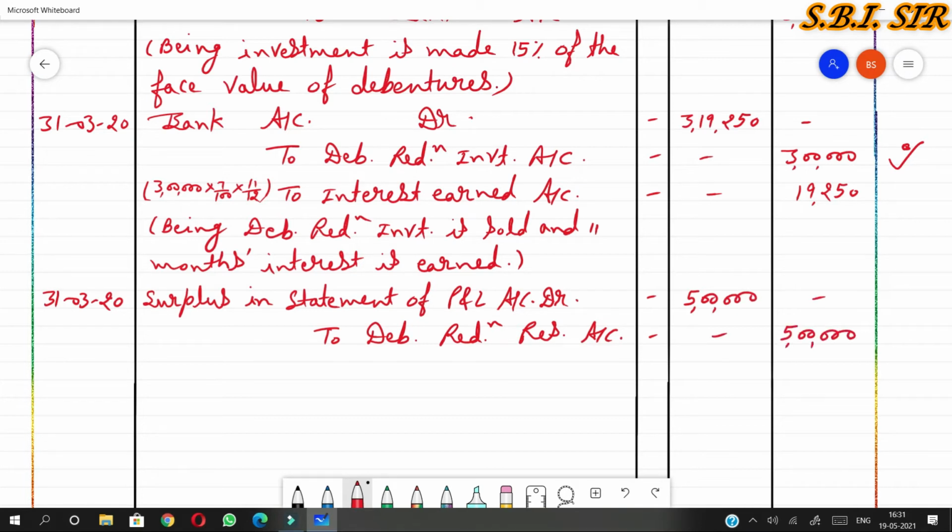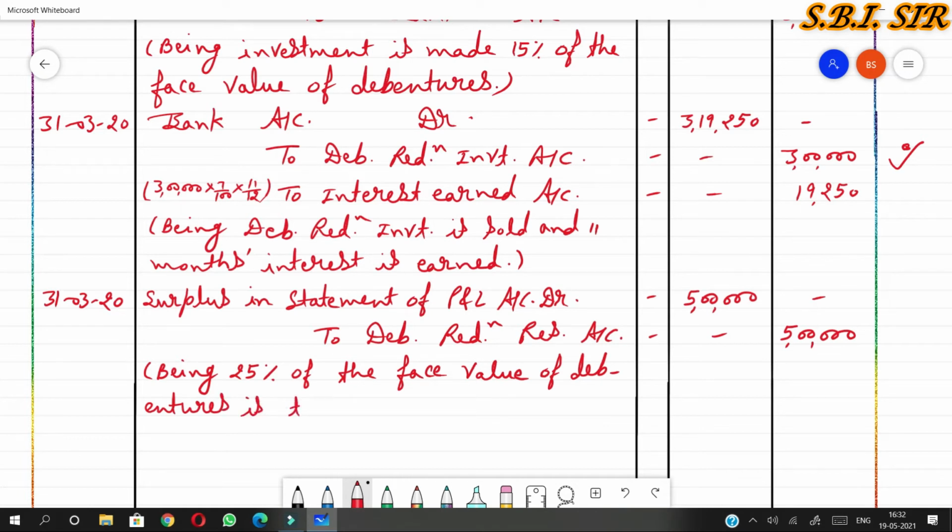Then narration being 25% of the face value of debentures is transferred to debenture redemption reserve account from profit.